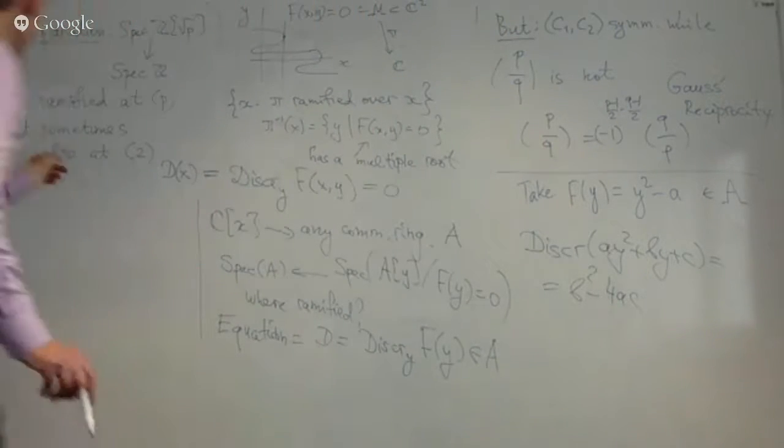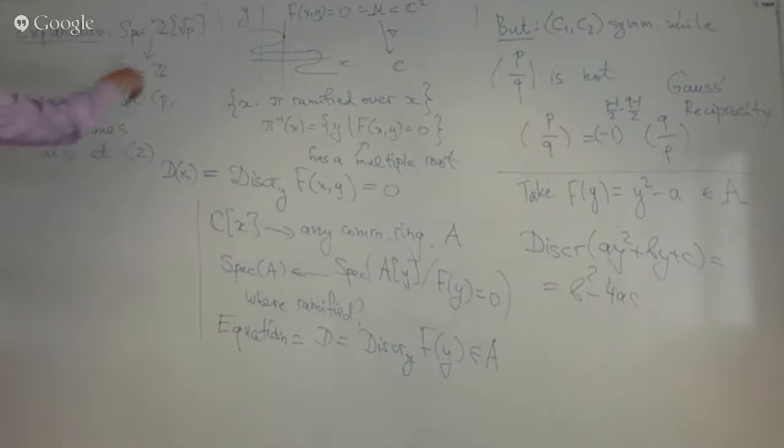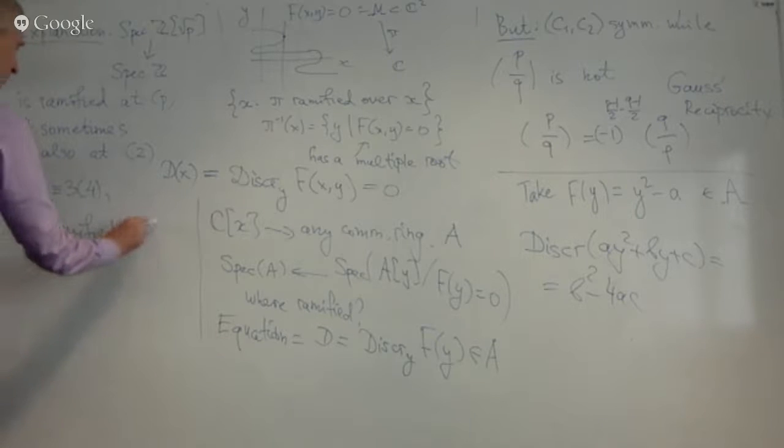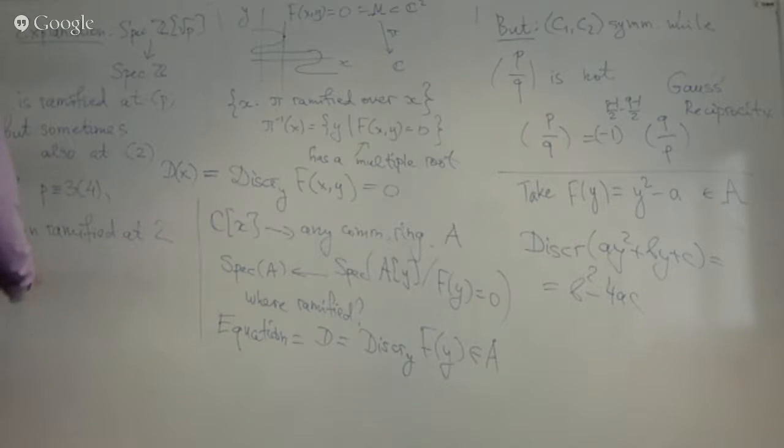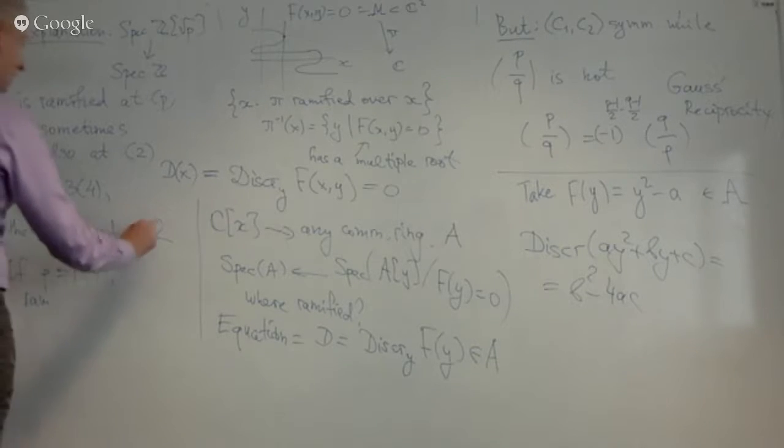If I take the square root of p, it will unify the 2. So once again, if p is congruent to 3 mod 4, then it's ramified at 2. If p is congruent to 1 mod 4, it's ramified only at p, at 2 and p.